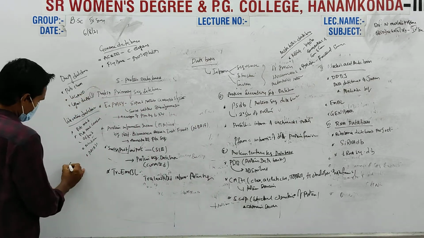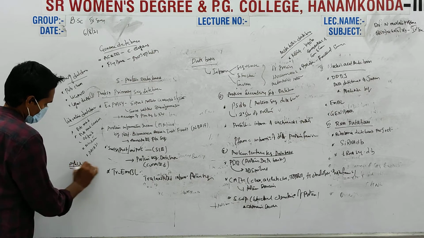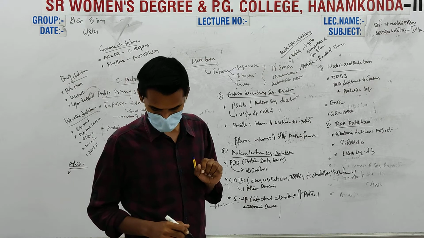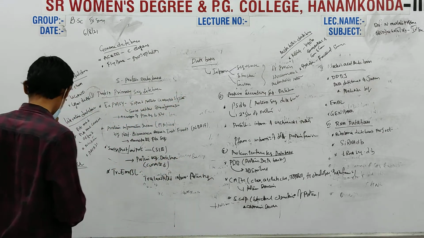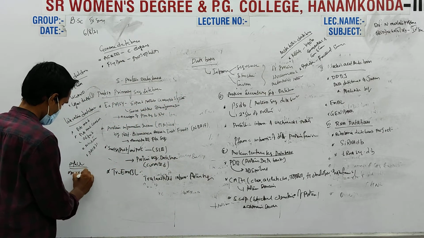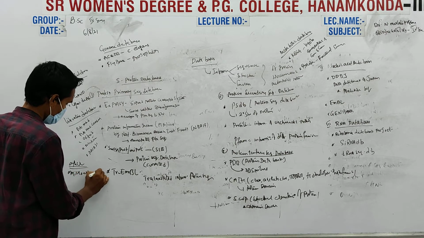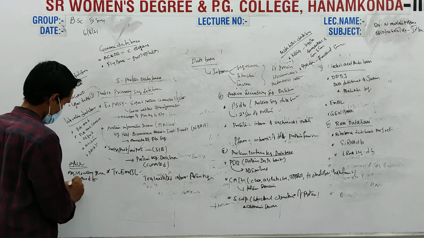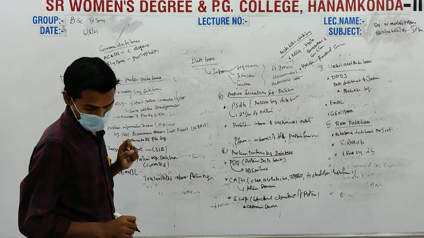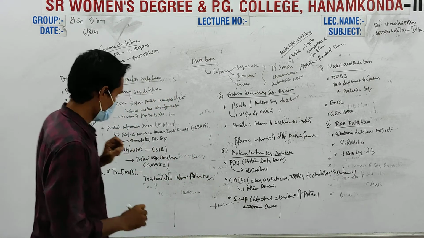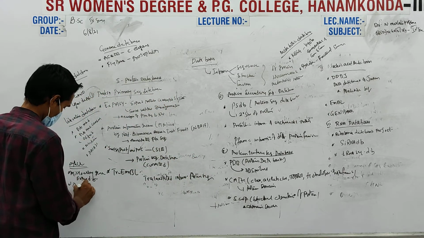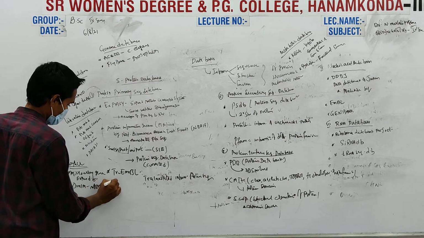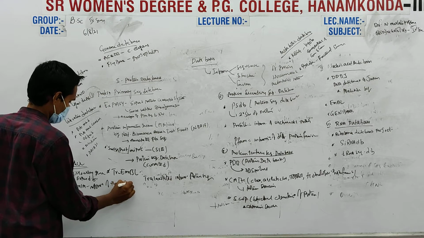And coming to the other databases, the first one is the microarray gene expression database. Next, OMIM, which contains information about human diseases.